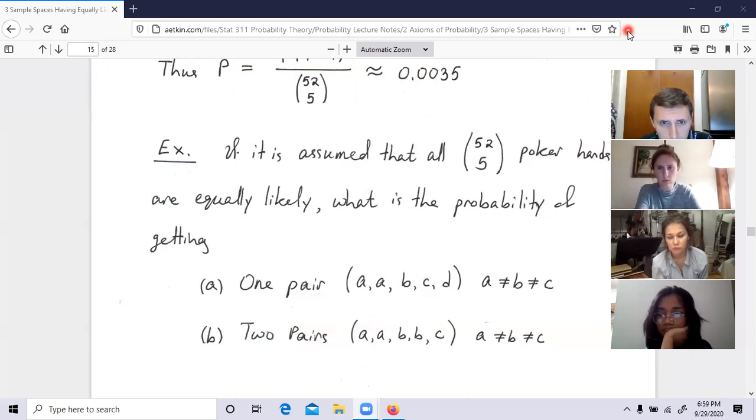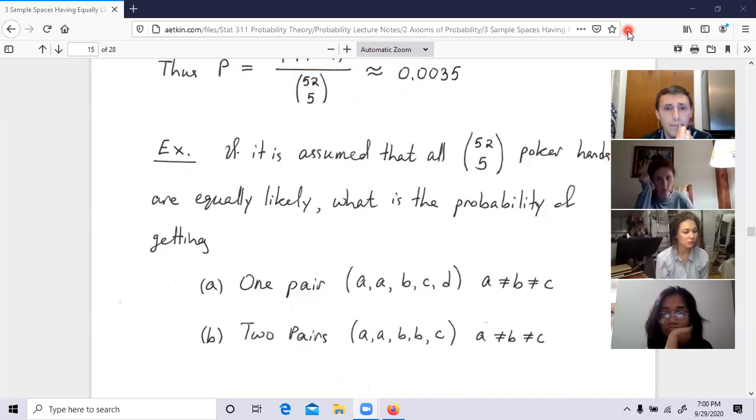And 4 cubed. 13 choose... minus 12, choose 3. Okay, I think I know what you're trying to say now.